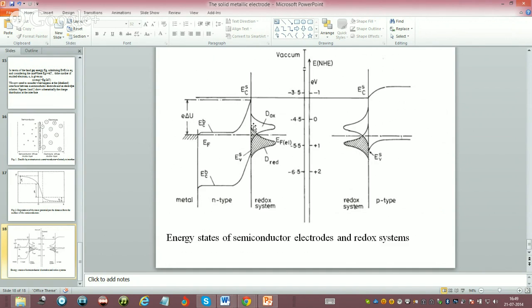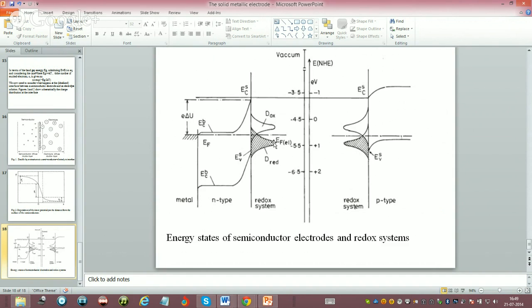Then the species will undergo reduction. So you can see easily why we are showing this not by an individual energy level but a band. Here also we are showing a band because there are so many redox species at the interface. At the interface, the redox species is a concentrated situation.